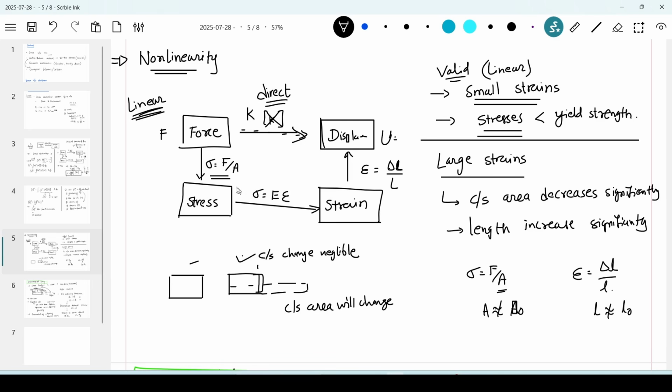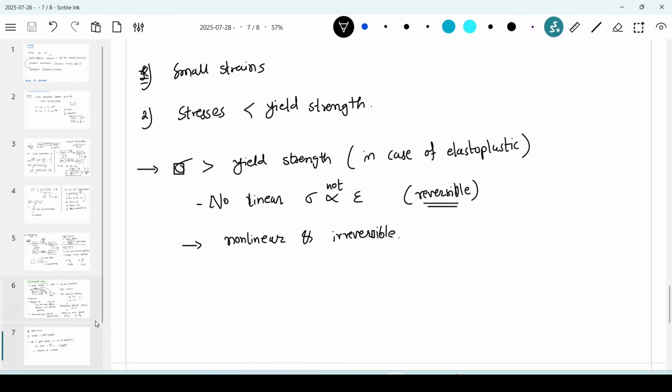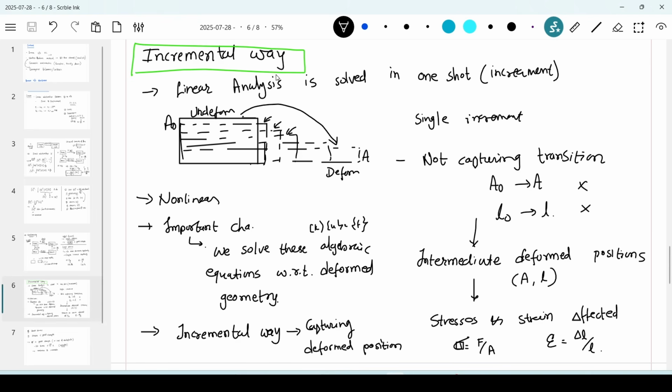When we are solving with a single equation or single increment, we cannot capture that change which is happening between sigma and epsilon. And that is the reason we need to go for incremental. So these are some reasons why there is an incremental method.